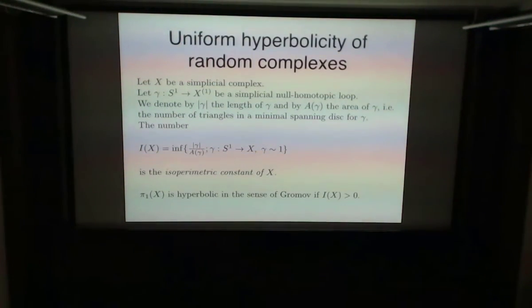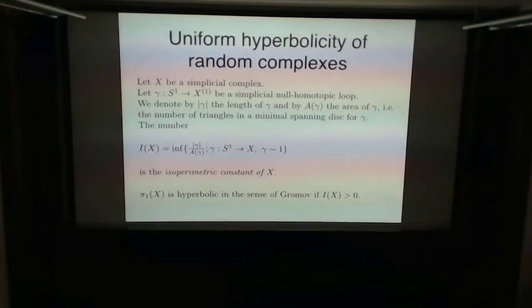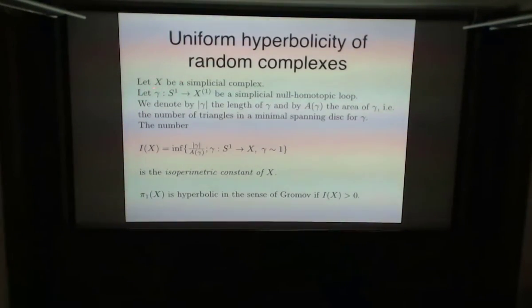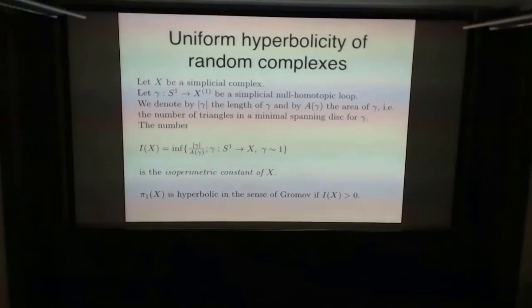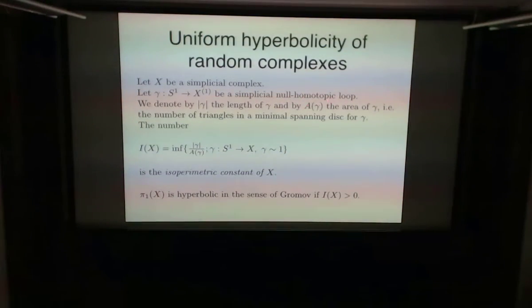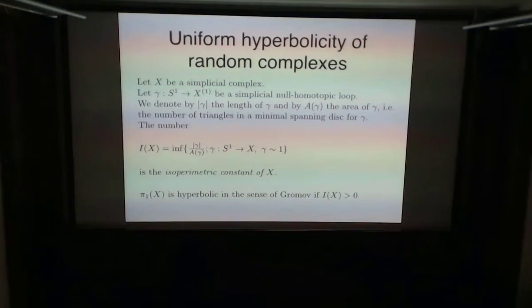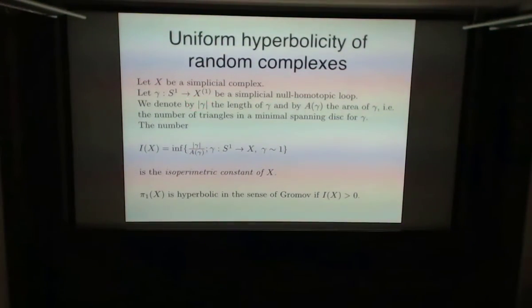So what is uniform hyperbolicity? We look at a simplicial complex, and we look at simplicial loops. This is a circle, and this is the 1-skeleton of X. We look at simplicial null-homotopic loops, loops which you can construct in X. For each such loop, the absolute value of gamma is the length of gamma.